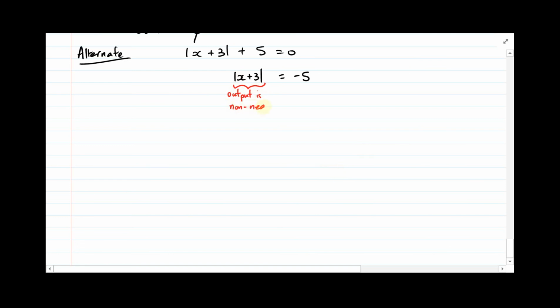That is, it can be 0 or a positive number. On the right-hand side of this equation, I have an actual negative number. There is no real number that can satisfy this, right?